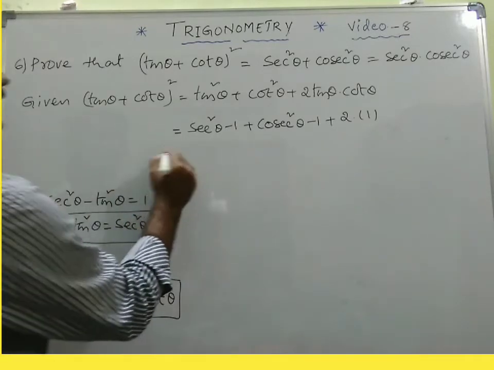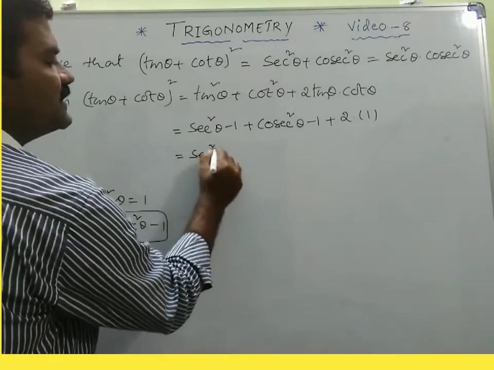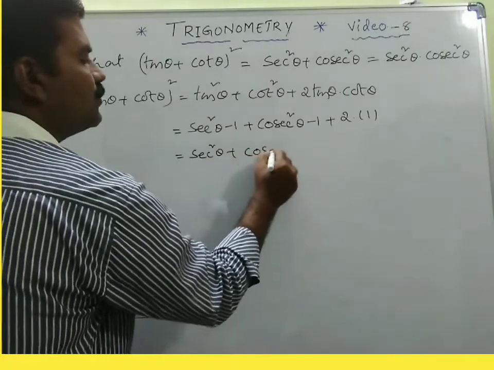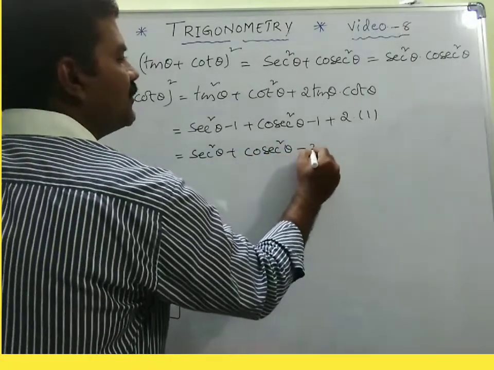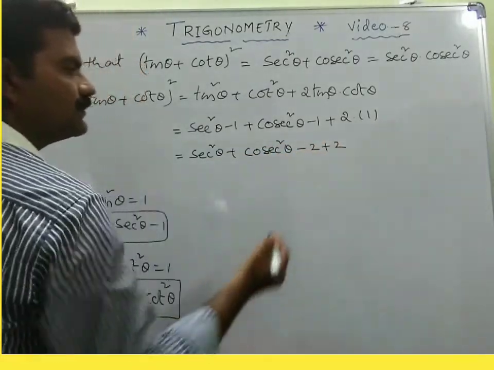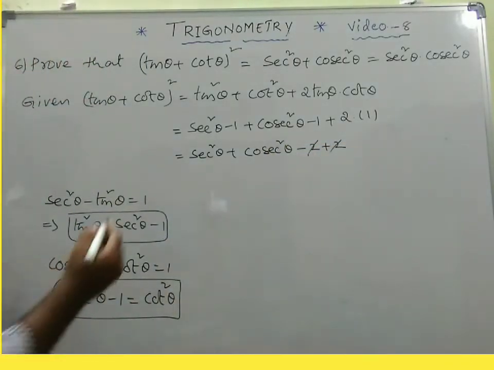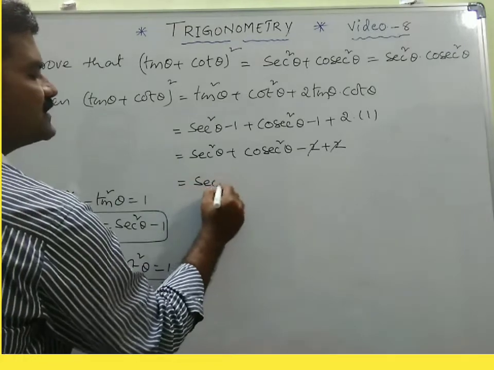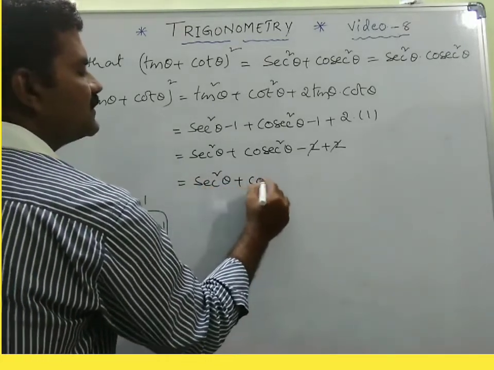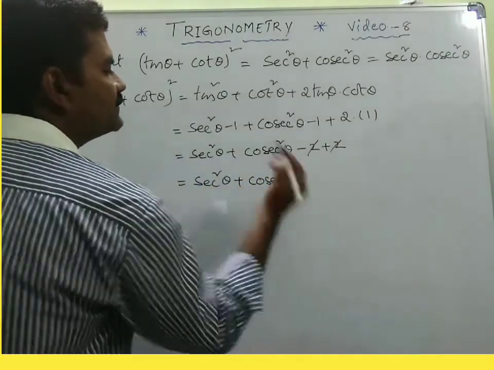Okay, so now this is secant square theta plus cosecant square theta minus 2 plus 2. So both get cancelled. So that is equal to secant square theta plus cosecant square theta.